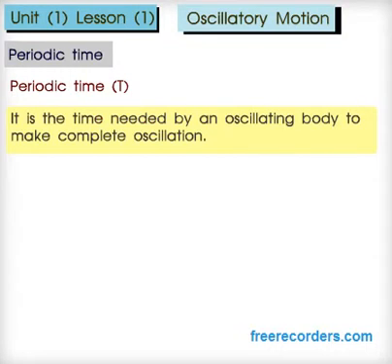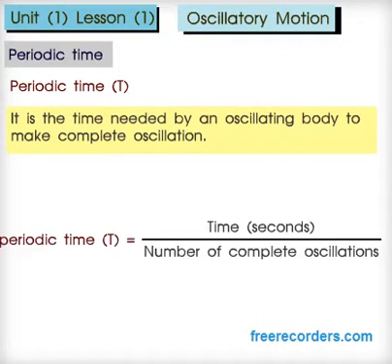Note: each complete oscillation consists of 4 amplitudes, BA, AC, CA, and AB.